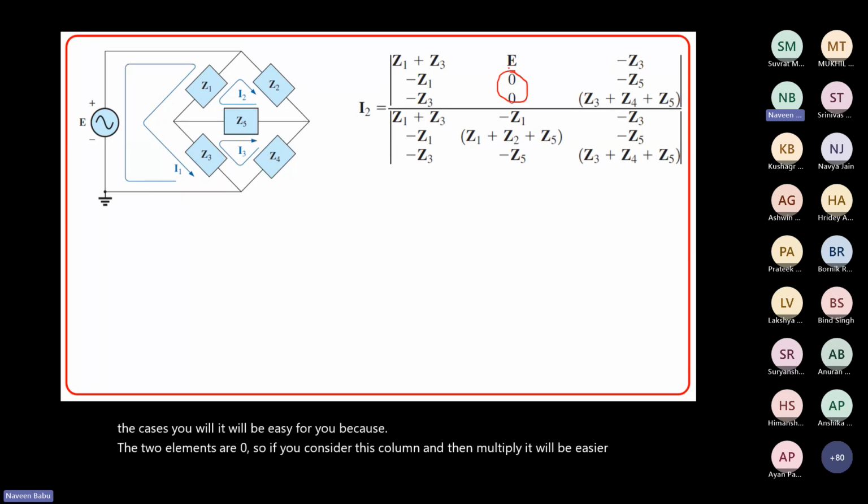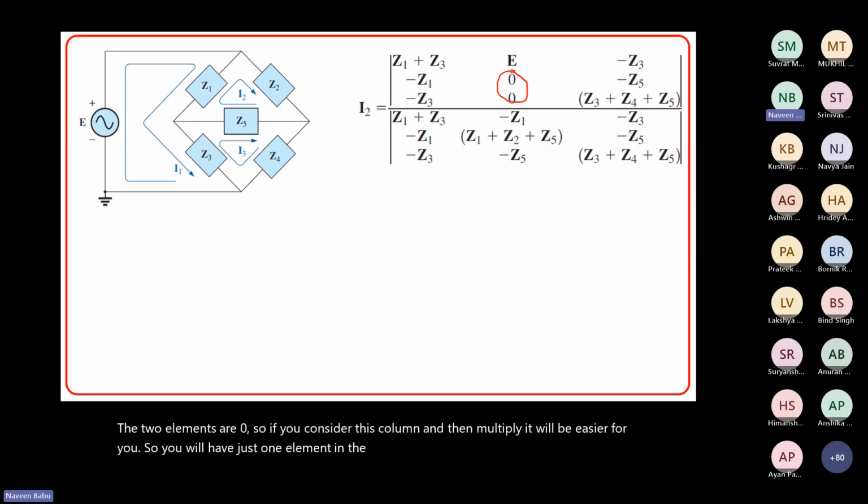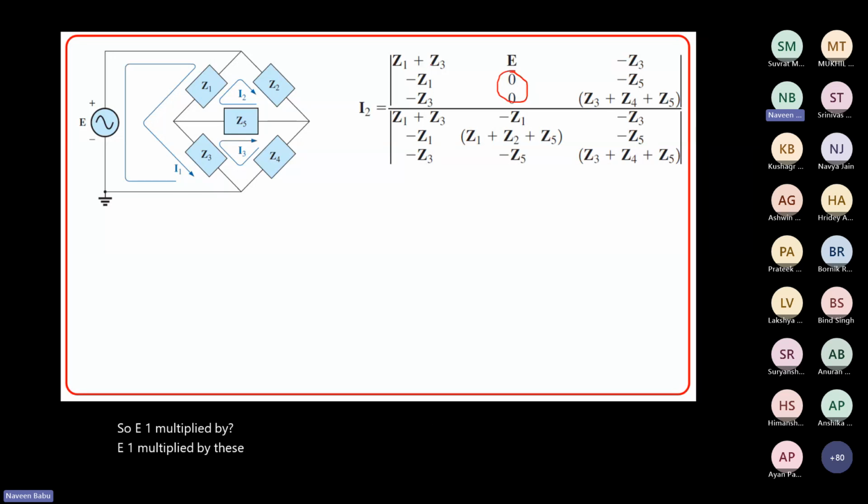So you will have just one element in the numerator. What is that particular element? E multiplied by Z1 plus Z3 multiplied by these columns.